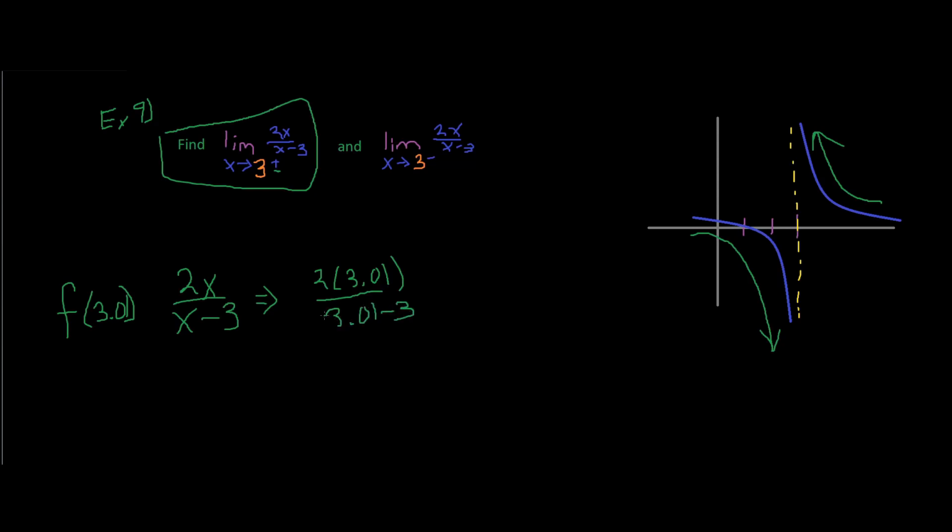So what is this going to equal? If you had a calculator, you could just plug it in. If you don't, it's pretty easy to work it out by hand. So it would be 6.02 over 0.01. If we move the decimal, so that's one method, right? Instead of just dividing, it ends up giving us 602.